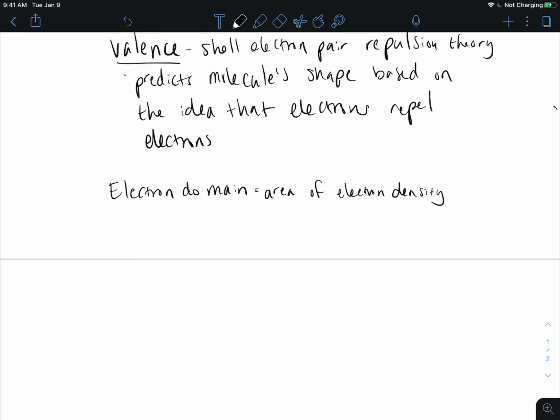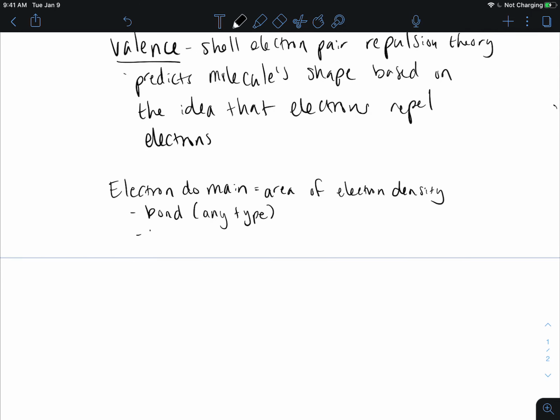So that area can be a bond, any type. So it could be a single bond, a double bond, or a triple bond, or it can be a lone pair of electrons, or non-bonding electrons.